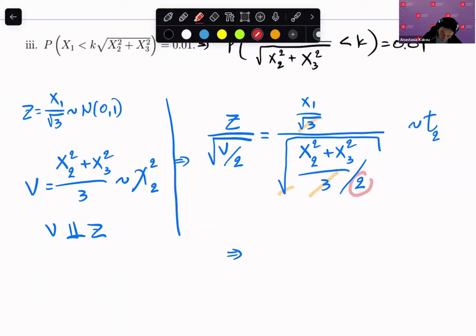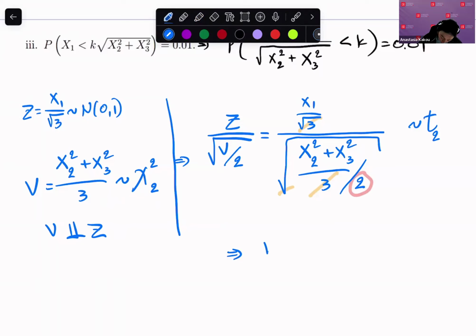This square root of 2 is in the denominator, which means that if you rearrange it, it becomes kind of in the numerator.